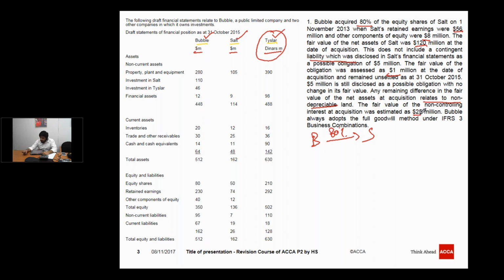Okay. Now please solve the question and calculate the goodwill and write the answer in the chat box. Please write your answer relating to the goodwill in the chat box. I want to see your answers. I cannot see the cash consideration paid for the salt. The cash consideration for the parent company, if the data is not given to you, you can pick the data from here. That is, the bubble company has invested 110 million in the salt company.